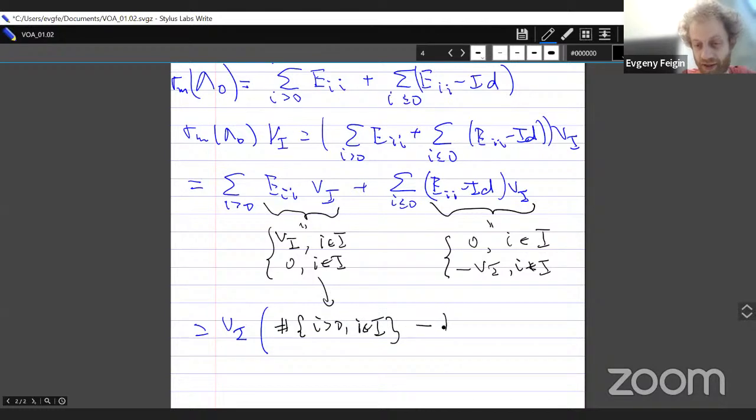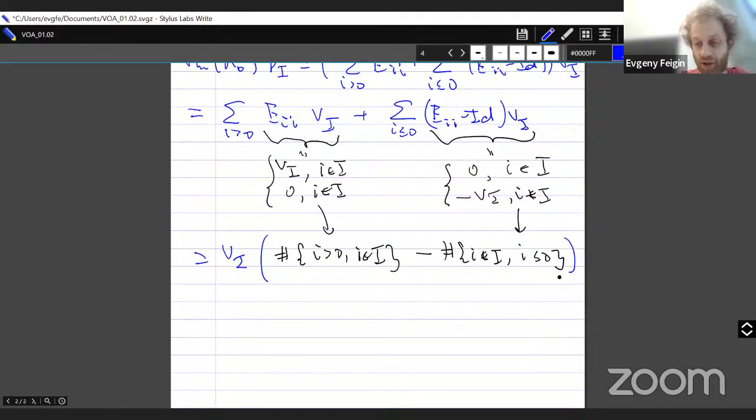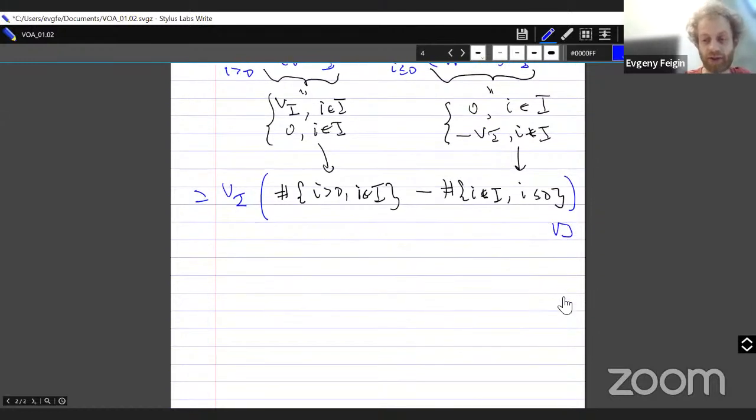And minus the number of i not in I and i less or equal than 0. Okay. So an example, yeah, maybe I should write it not as an example, but as a corollary.